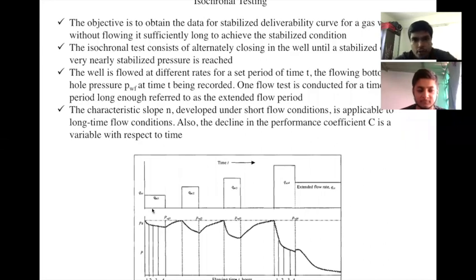So for a given flow rate, you can have the value of pressure which has not yet reached the pseudo steady state. Still, you are in transient condition. So from here, you can observe the data. Suppose 2 minutes, you can observe the data in this flow period. Again, in the second flow period, you can observe the data at 2 minutes.